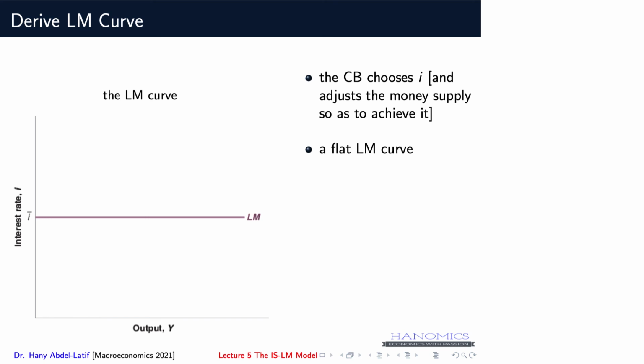What does that mean for the LM curve? It means the LM curve is horizontal, as you see on the graph now. Central banks choose the interest rate, so we have the same interest rate whatever the output Y is. If the central bank chooses a higher interest rate, the curve would be above the current one. If they choose a lower interest rate, it would be below that.